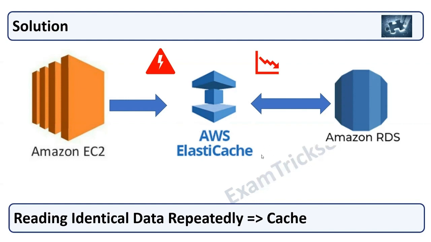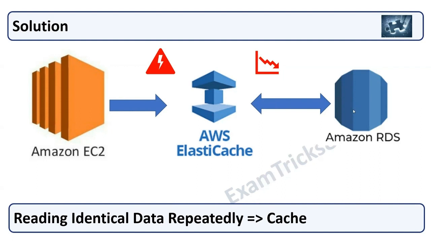So essentially, the overall solution will be anything that is required frequently, any data that is requested repeatedly because it's identical, will be fetched from ElastiCache. And anything that is new and not identical to previously fetched data, those are the only requests which will go to RDS database.